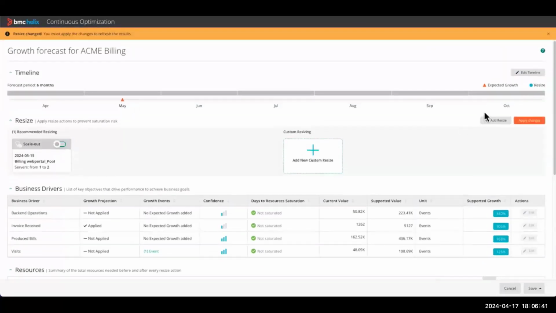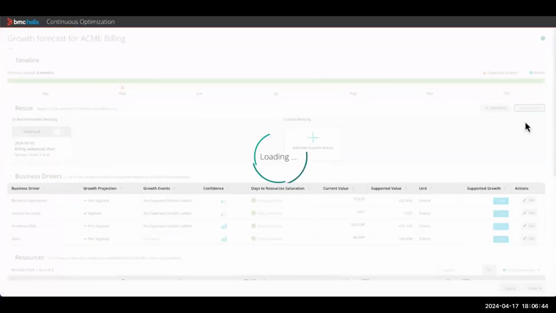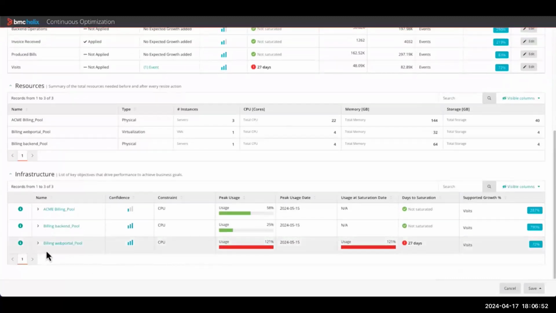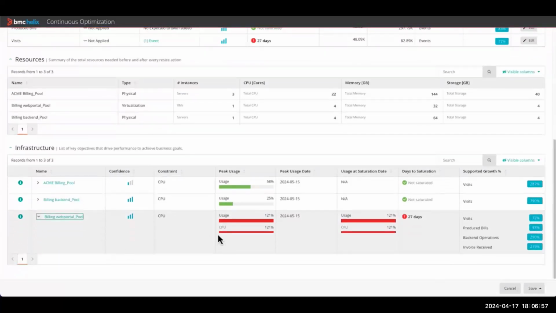I can turn this off, apply that again, and now we can see that what is going to actually saturate is my billing web portal pool. I can drill in and I can see that it's actually the CPU that's my main constraint.